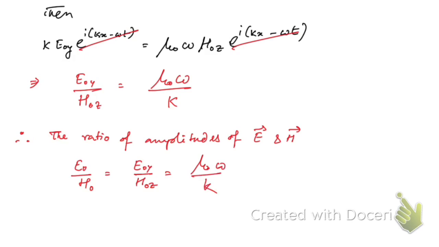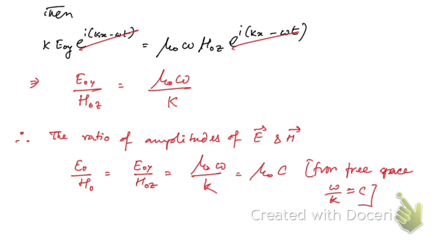Now, this omega by k is the speed of wave, and in free space this is going to be equal to c, which is the speed of light. That means EM wave travels with the speed of light in vacuum. Okay, we can say that.